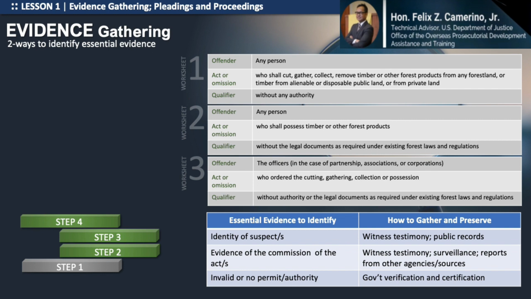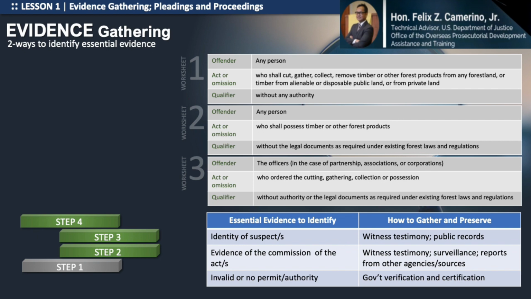So in these scenarios, these are when, for example, a case is referred to you. Perhaps there's already a complainant that filed with the department, with your organization. Let's say you're an environmental law enforcer.